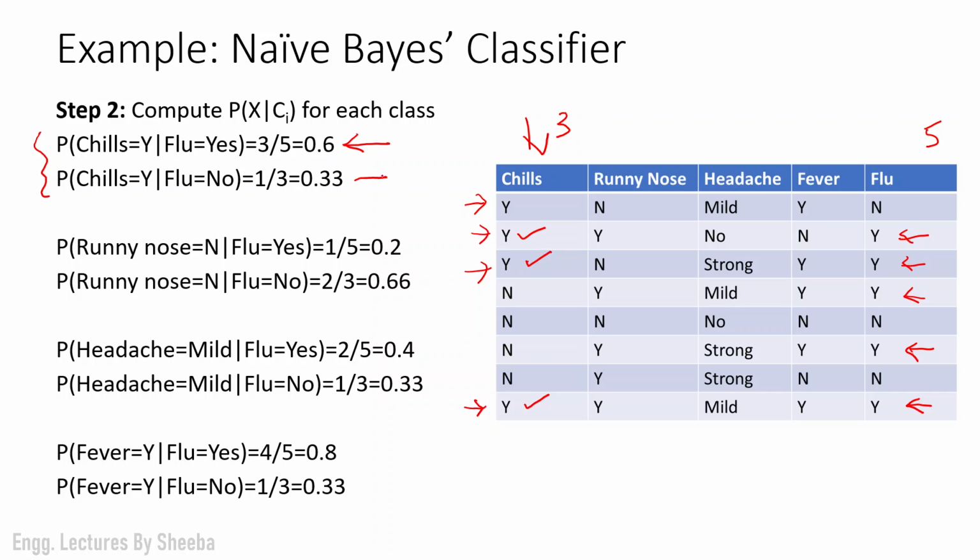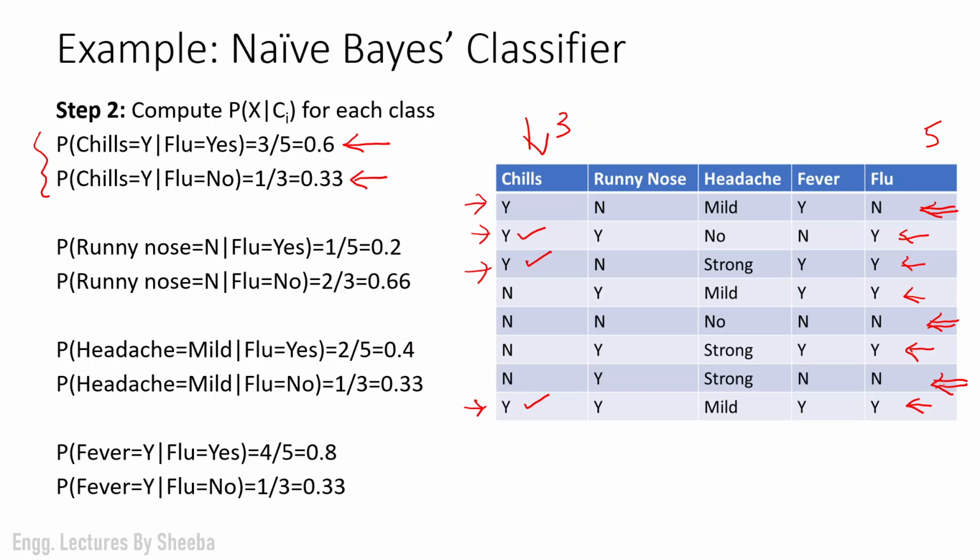Now similarly you can find chills Y and flu no. So how many are here for the flu no? Here you can see this one, I'll put a double arrow here. Flu no is this one and this is flu no. So in this case, chills Y, you need to consider only chills Y because it is given data. Chills is equal to Y is given. You can't change it.